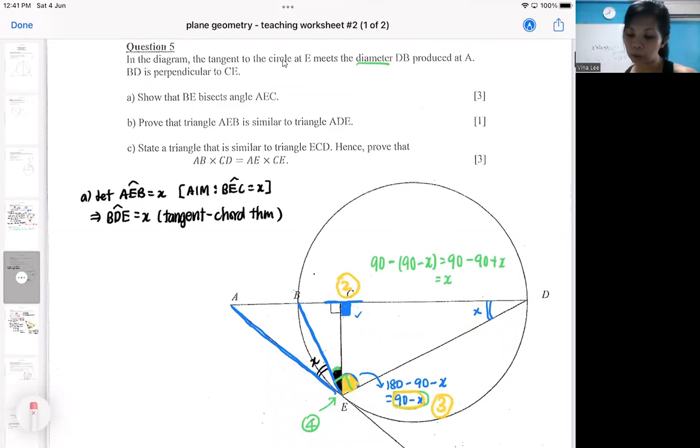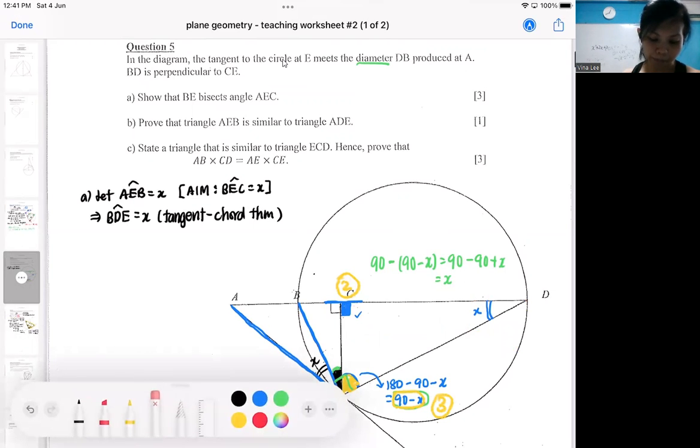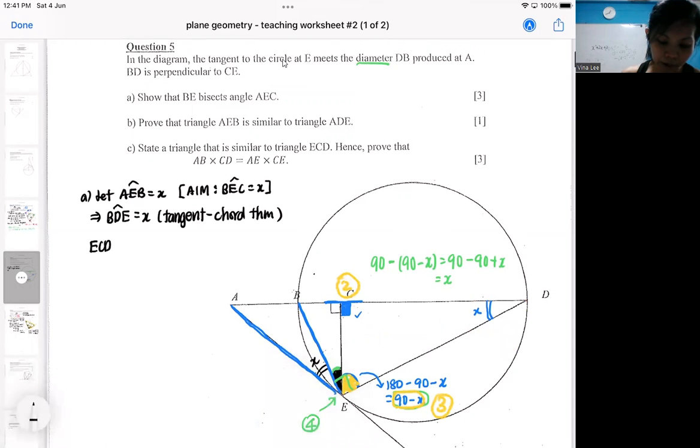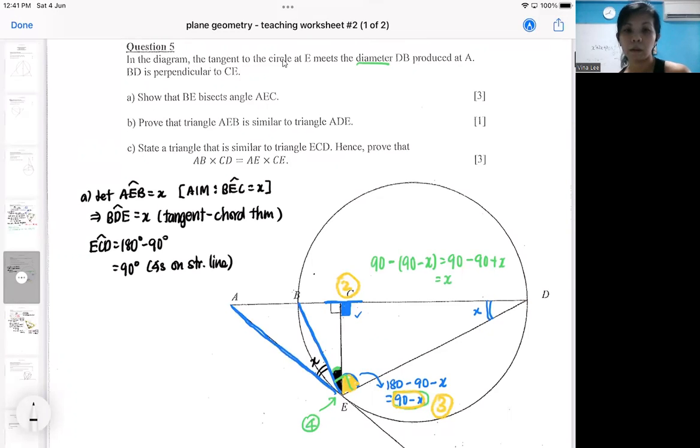My second step is to explain the 90-degree that I got on the straight line. So I will explain the 90-degree that is on the straight line. So second step done. The third step is the angle sum of triangle.